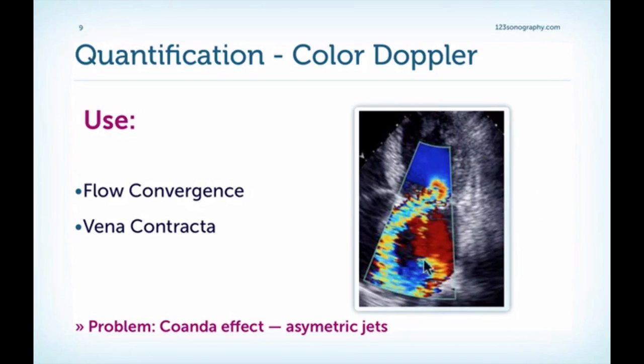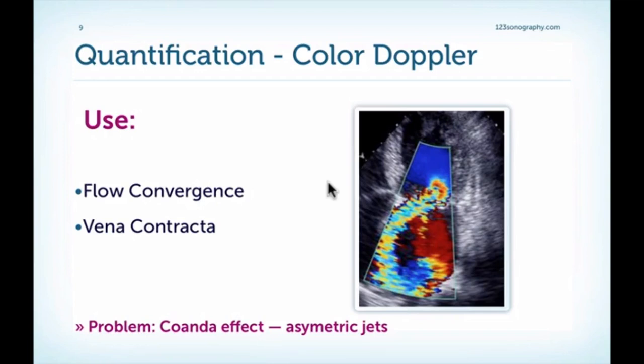Something else that is important, the body of the jet and the area of the jet often does not correlate with the severity of regurgitation, especially in the setting of asymmetric jets, or so-called wall huggers, where we have jets that blow right into the wall, here for example into the interatrial septum. There we have the so-called Coanda effect.